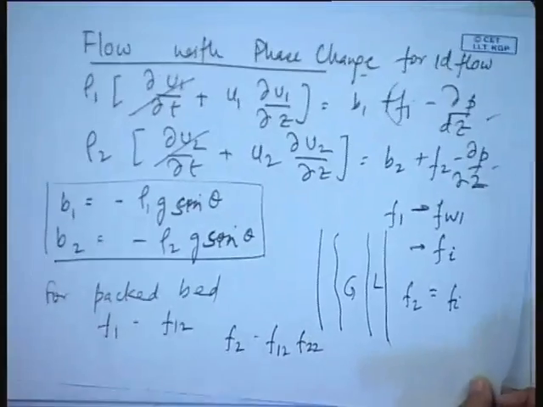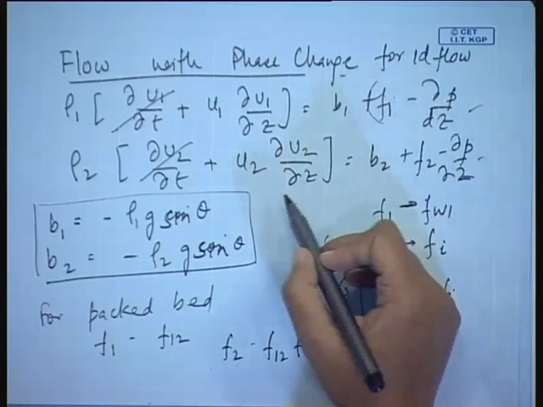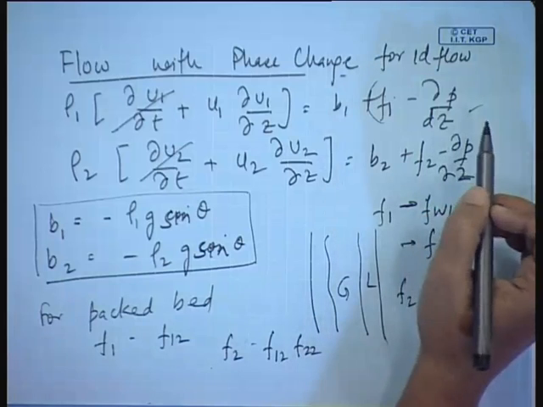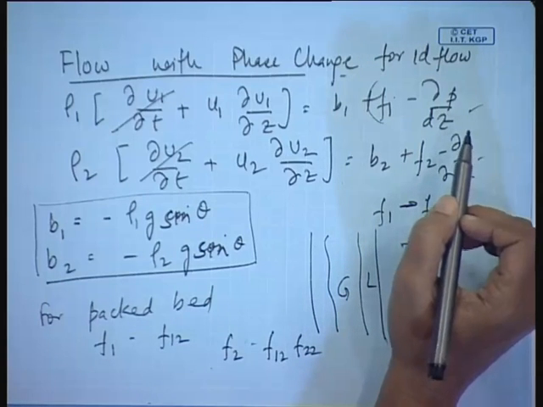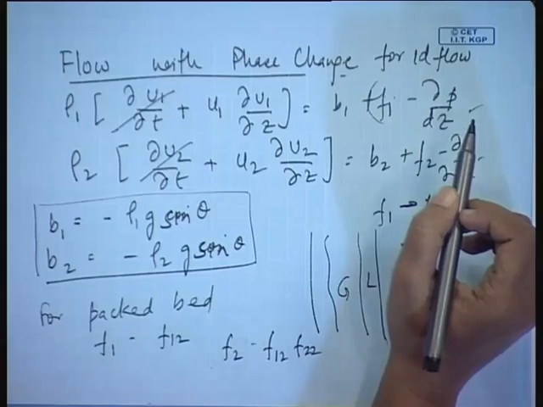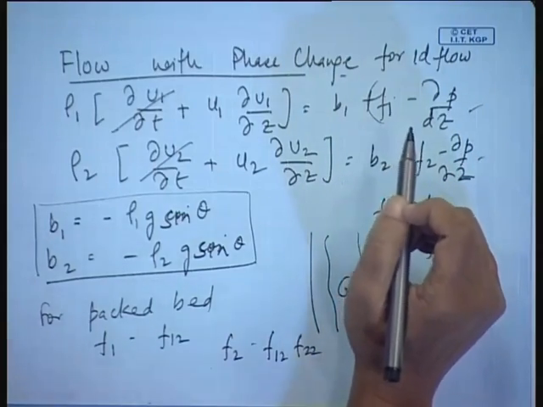And one more thing, please remember, whenever I had written down these two equations, I had repeatedly told you this is per unit volume of fluid 1, per unit volume of fluid 2. Now, remember, when we take unit volume of the total mixture, we do not have unit volume of fluid 1 or unit volume of fluid 2. What we have is alpha amount of fluid 2 and 1 minus alpha amount of fluid 1.